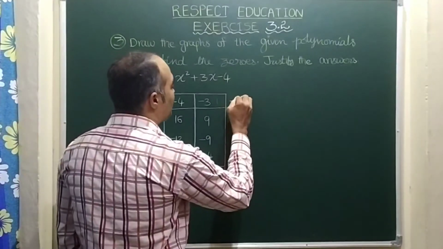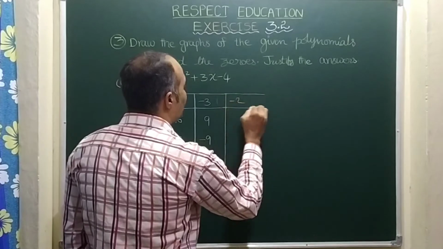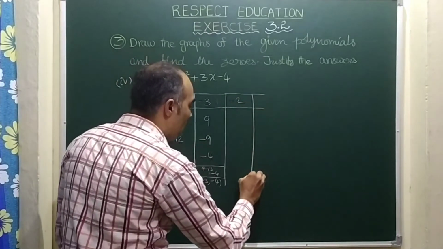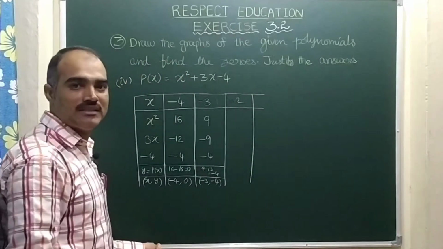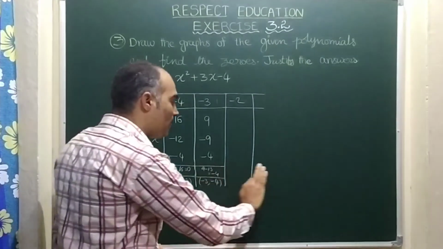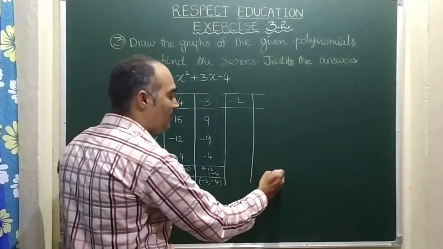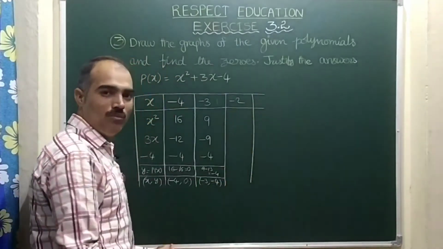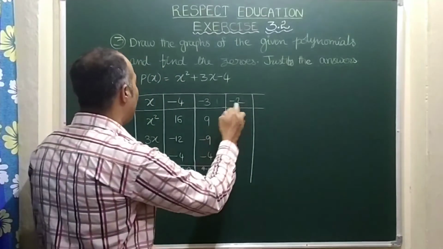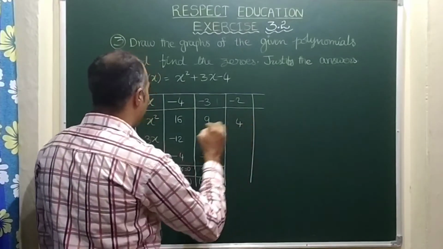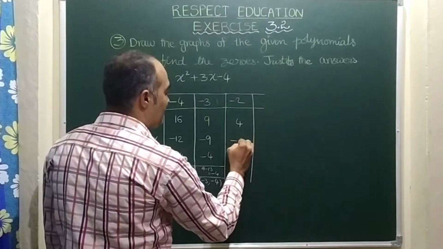Next value I am taking as minus 2. See here children, till how many values we can take, it depends on us. Actually we are going forward by believing that somewhere we get y value 0. So till we get y value 0, we have to move on. So now here minus 2 square is 4. 3 into minus 2 is minus 6.